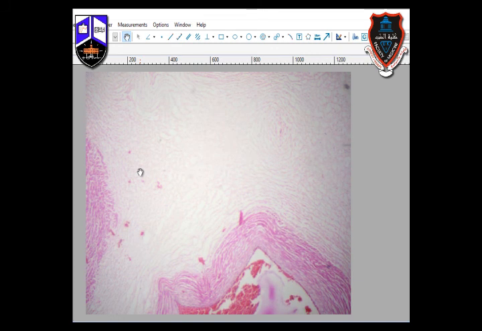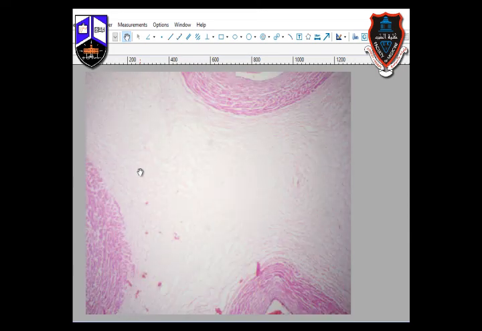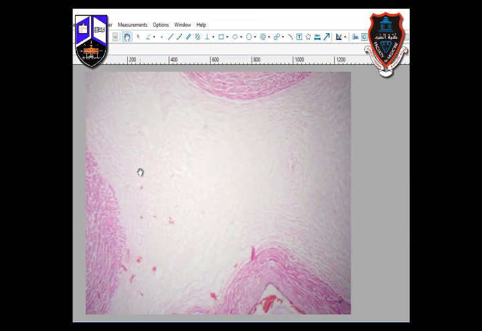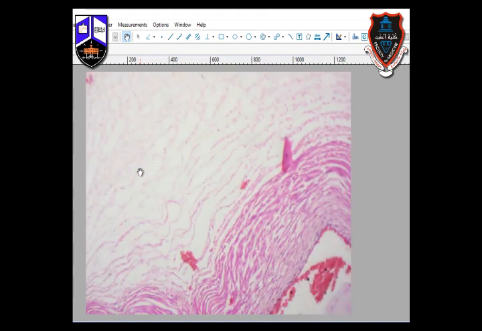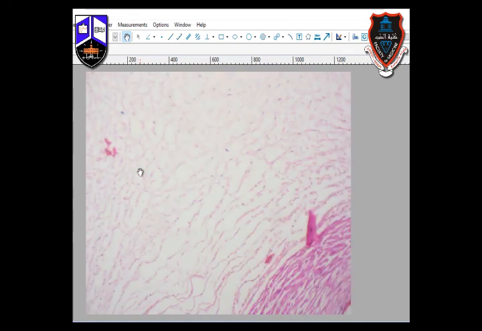You can see here that the ground substance forms the majority of the connective tissue. Using the medium power field, you can see that it contains fewer collagen fibers and abundant ground substance.